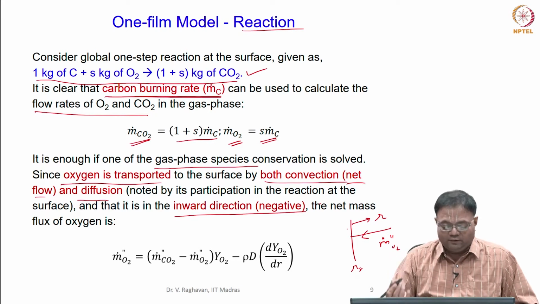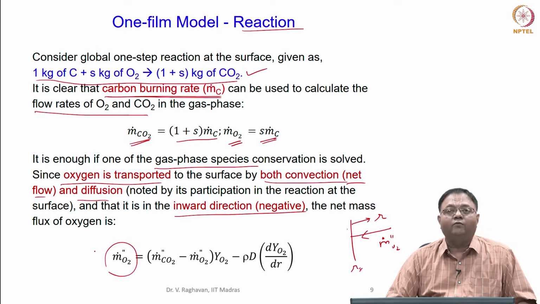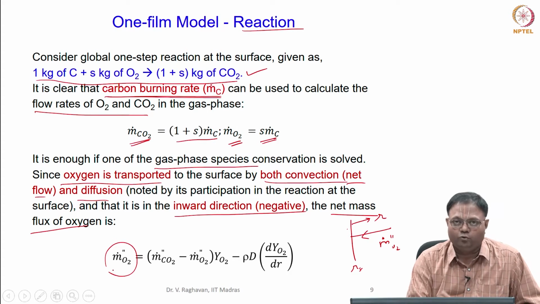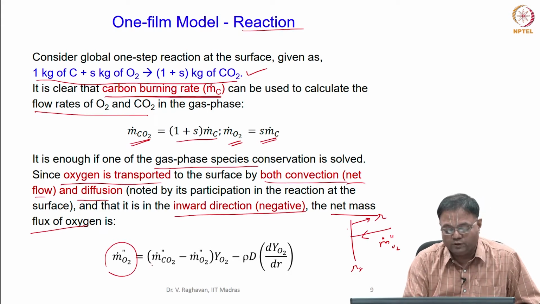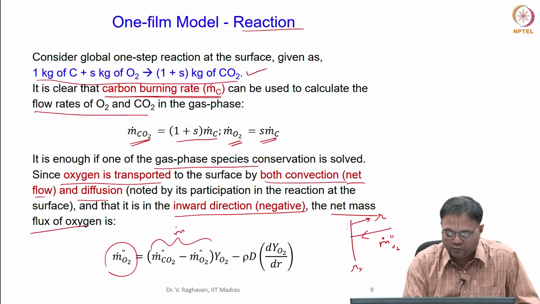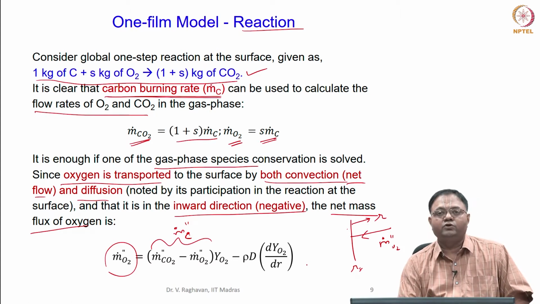Let us write Fick's law for this. The net mass flux of oxygen per unit area will be equal to the net flow rate, which is nothing but m dot C double dash, times Y_O2, minus the diffusion of oxygen.